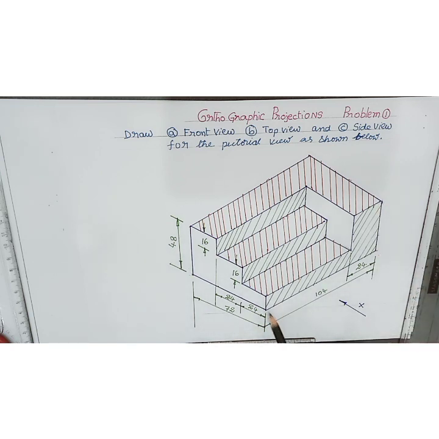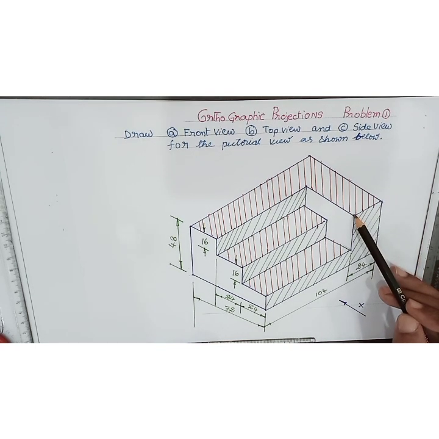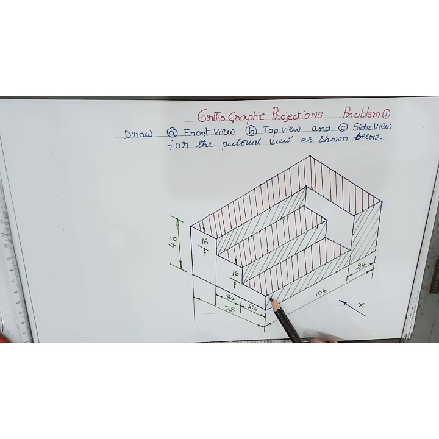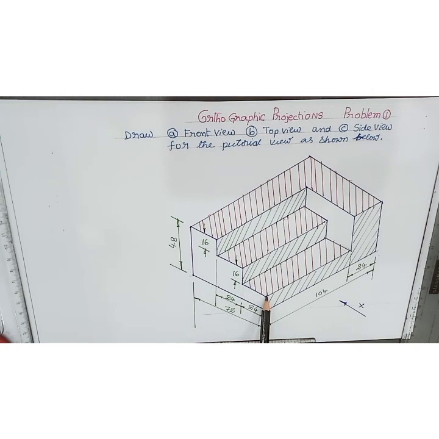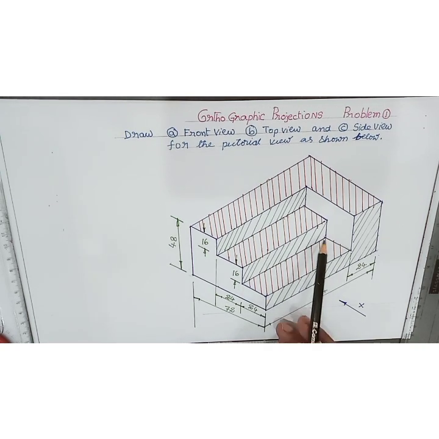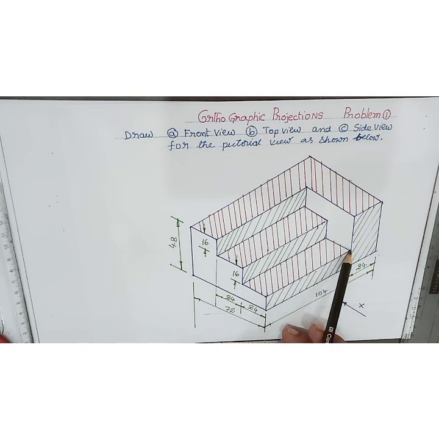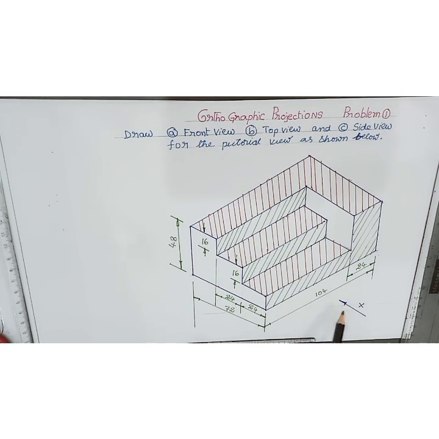In the case of front view, we are able to see this length dimension and the height dimension, again length, again height and again length, whereas this breadth dimension is a point. Why is it a point? Because it is perpendicular to the observer.